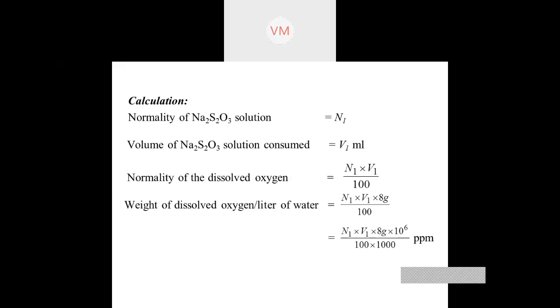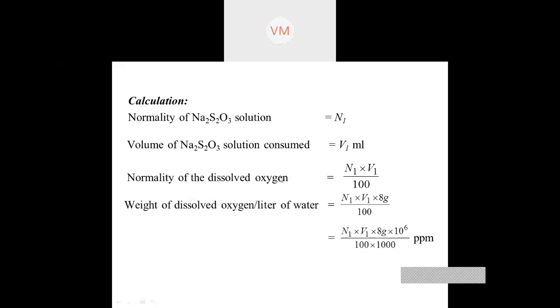And then the normality of the dissolved oxygen: by knowing the burette reading and the sodium thiosulfate solution, with 100 ml being the volume of the sample you have taken for the titration, by N1 V1 by 100, that is V2, you will be able to calculate N2, that is the normality of the dissolved oxygen.